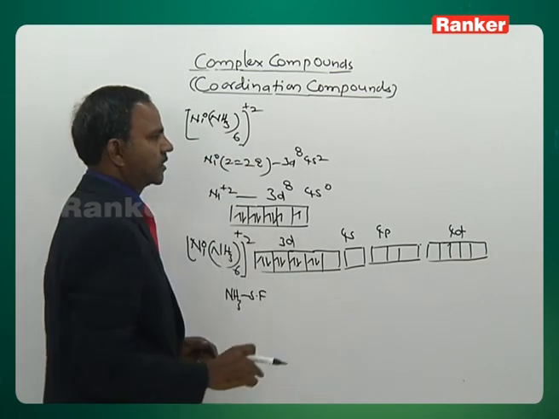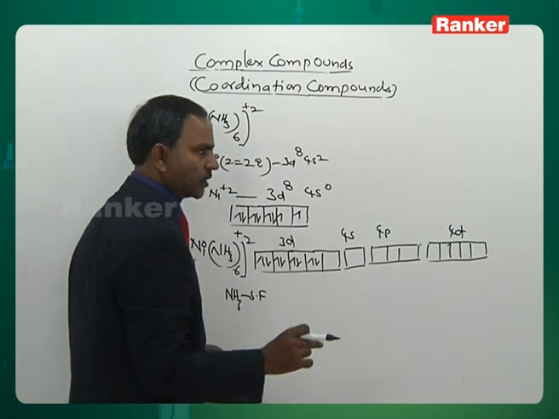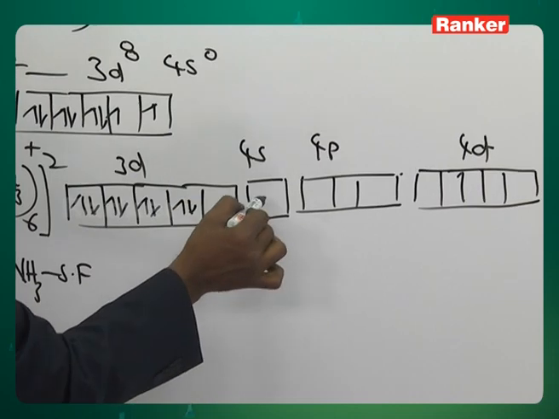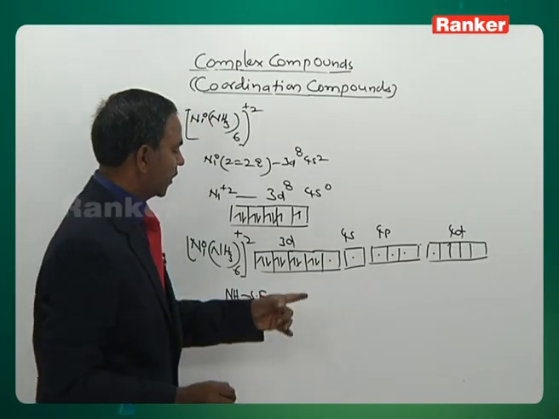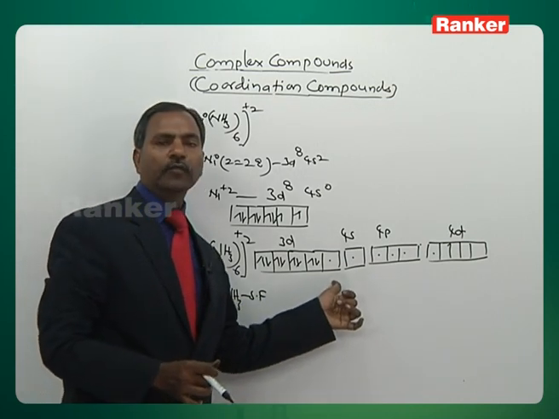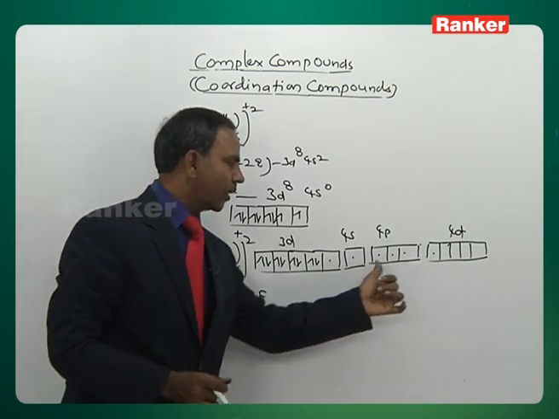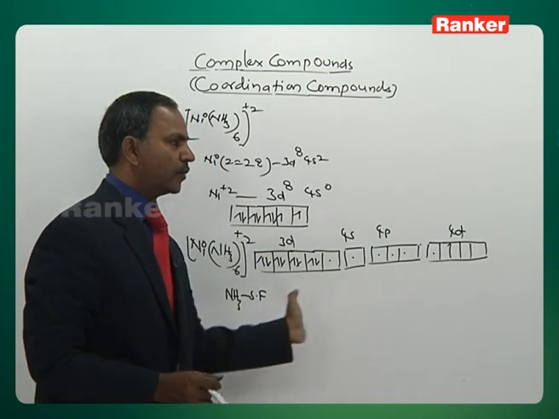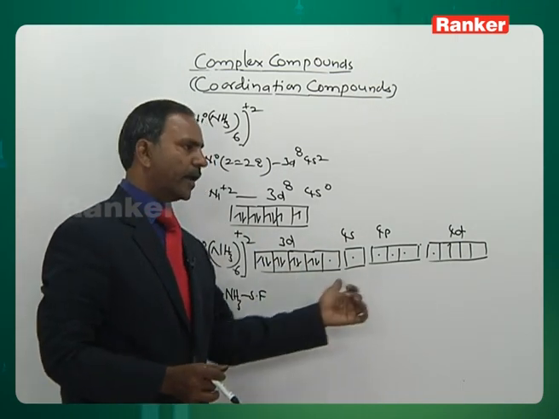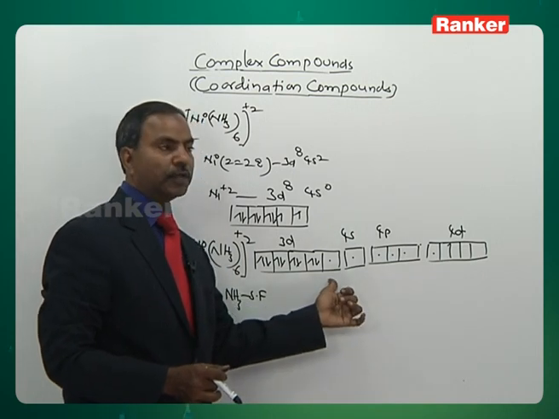But the coordination number is 6, how many orbitals do you require? 6 orbitals: 1, 2, 3, 4, 5, 6. See how it is taking place. One d orbital from 3d and one d orbital from 4d are involved. What is the expected hybridization according to this arrangement? dsp3d.